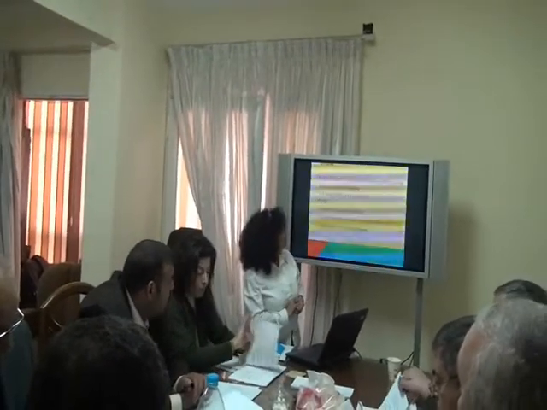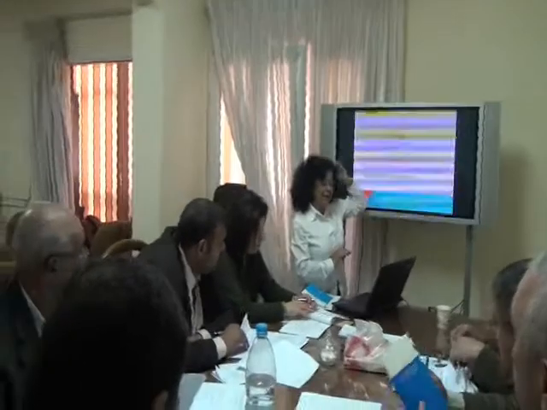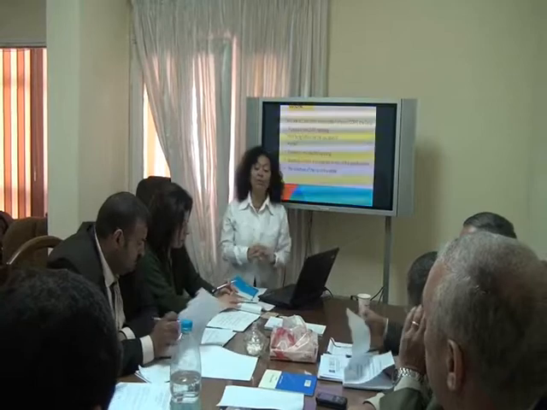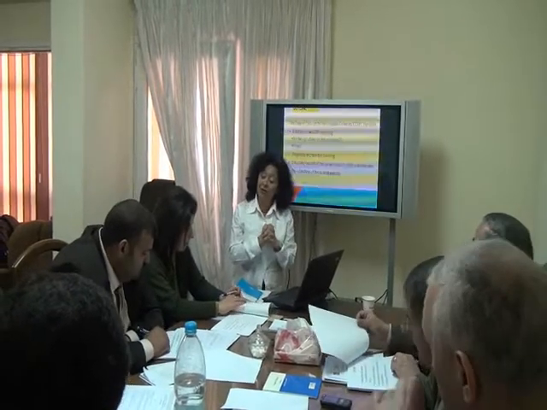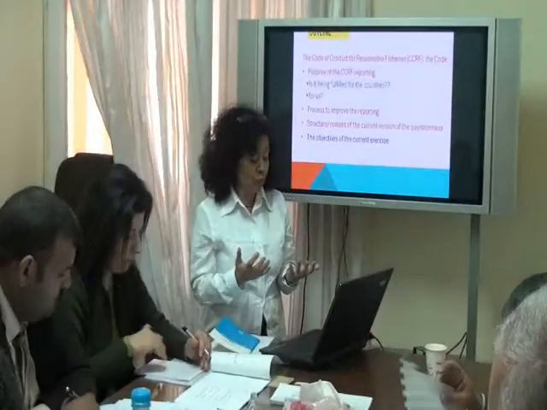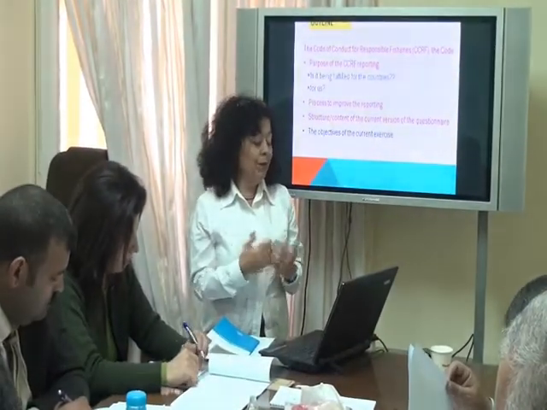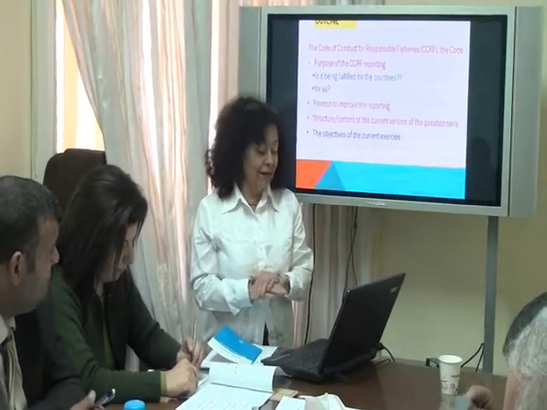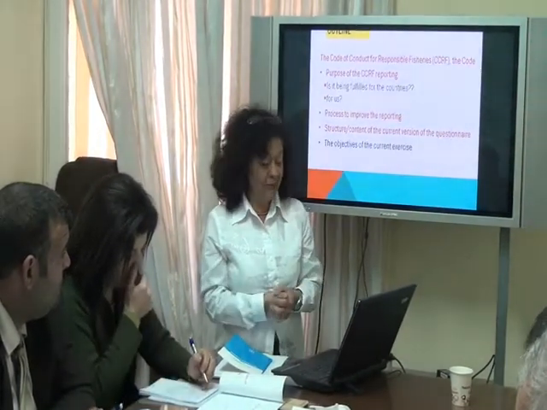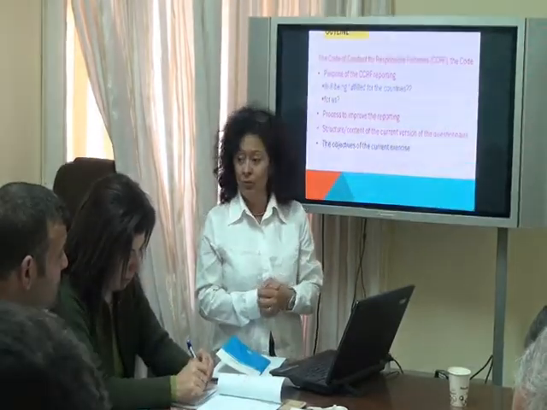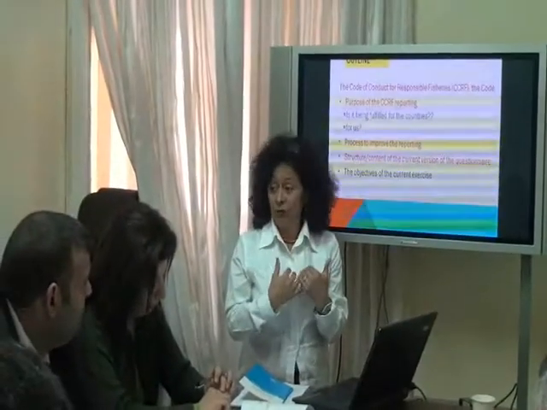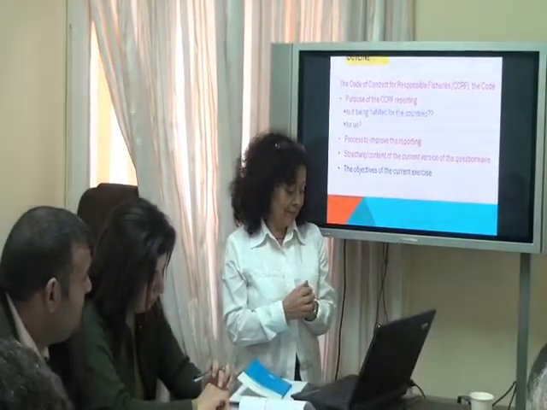So what we are going to do today is to explain briefly what the code is, but I will focus on the purpose of the reporting on the compliance of the code. Why do we do that? Why do we need to do this? We are going to discuss briefly how the countries are doing in complying and reporting the compliance to the code, and what is the meaning for us, for FAO, of this reporting.